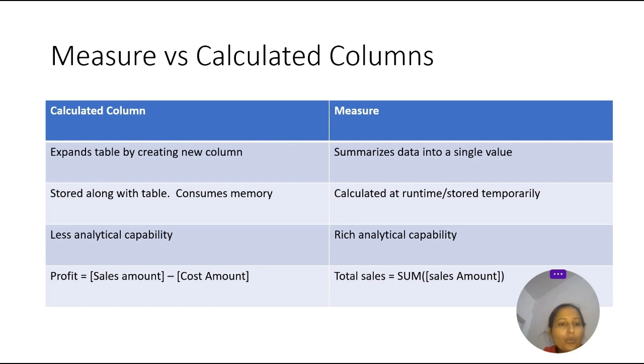A calculated column is stored within the table, along with the table, and it consumes memory, while measures are run at runtime and stored temporarily, so they do not consume memory. Calculated columns have less analytical capability, but measures have rich analytical capability.